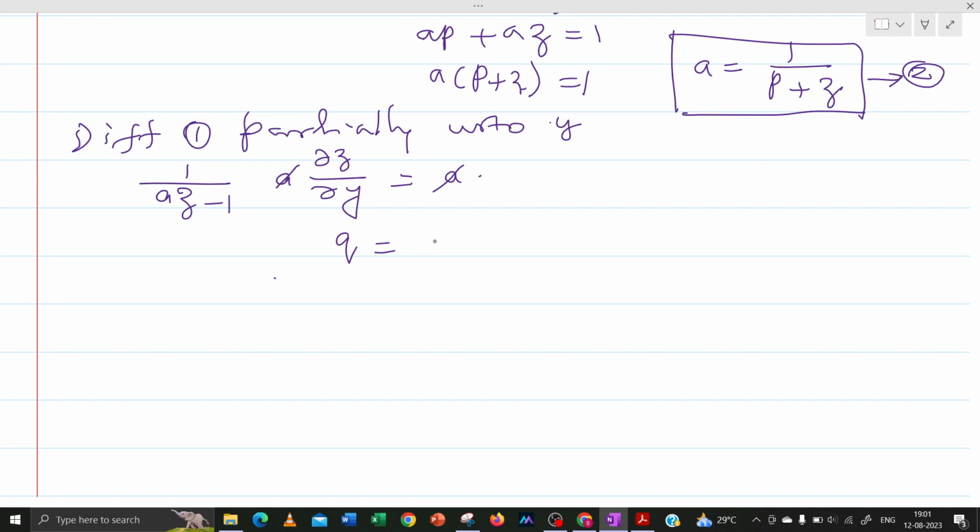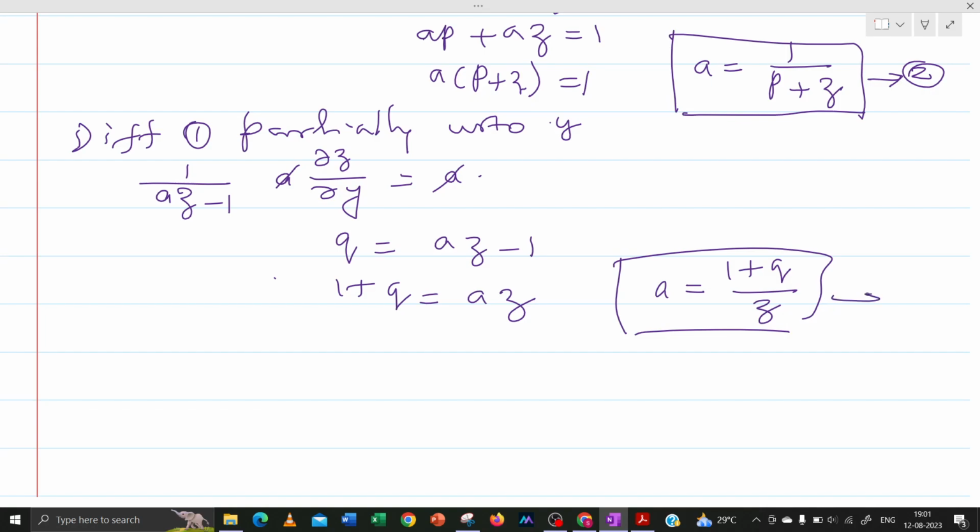Cross multiplication here, q(az minus 1). Then we have to take that minus 1 to that side, 1 plus q equal to qaz. Then what is the value of a here? A equal to (1 plus q) by qz. Is it not? So we can get one more result here.